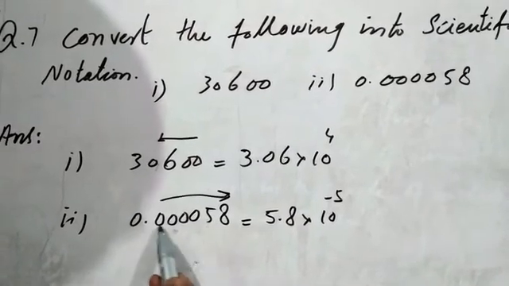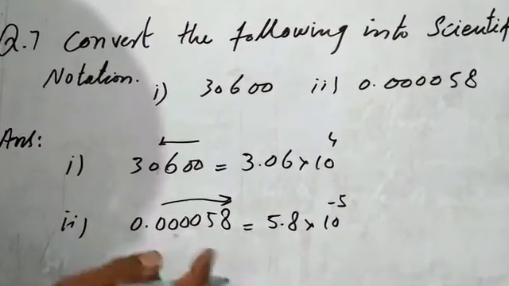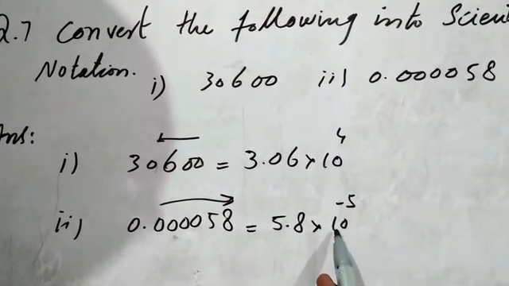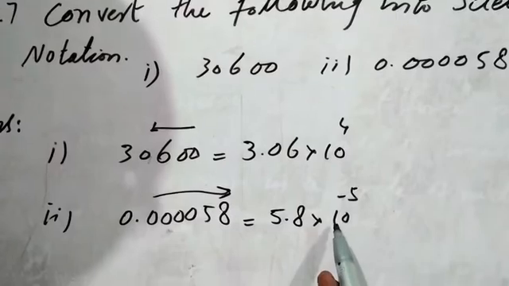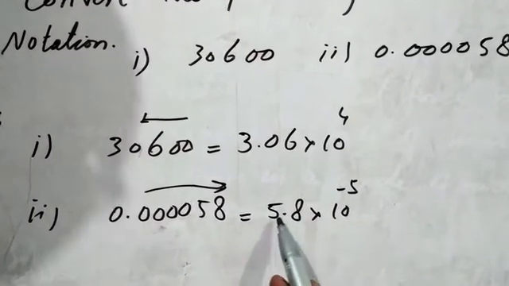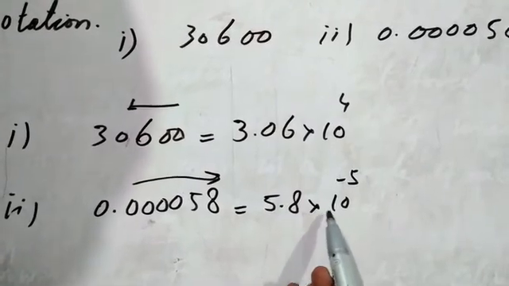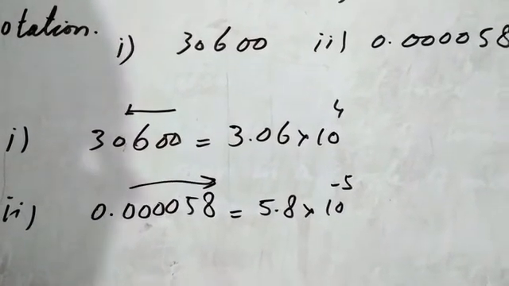So this is the power of 10, as it traveled to right side, so we have to write 10 power minus 5. So its scientific notation is 5.8 multiply 10 power minus 5.